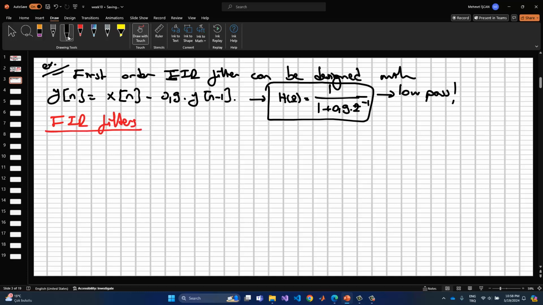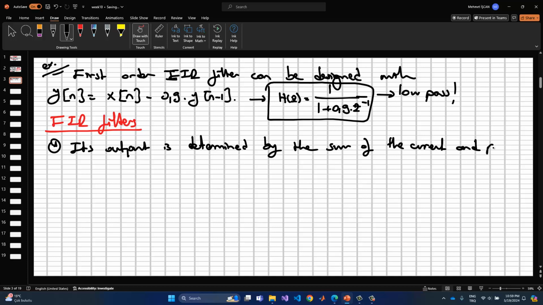Its output is determined by the sum of the current and the past input samples, which come from the outside.